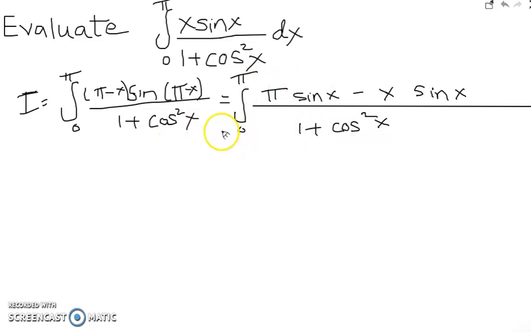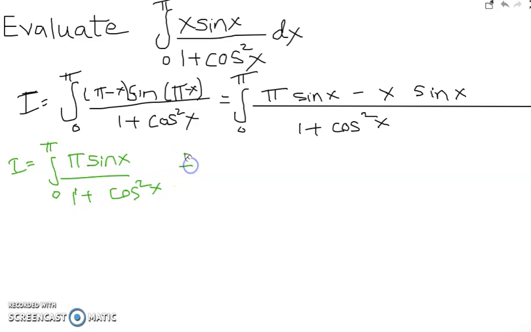Okay, now just make this separately. I is equal to this entire integral of pi sin x by 1 plus cos square x, minus the integral from pi to 0 of x sin x by 1 plus cos square x, right?